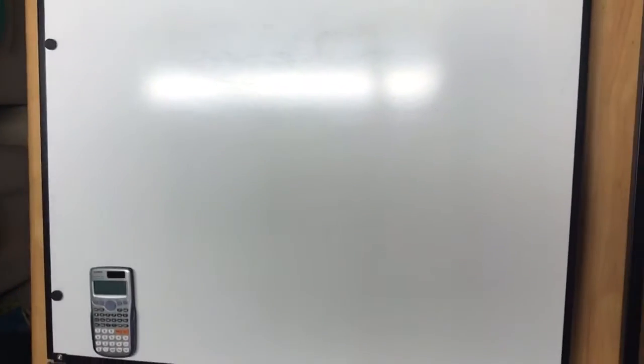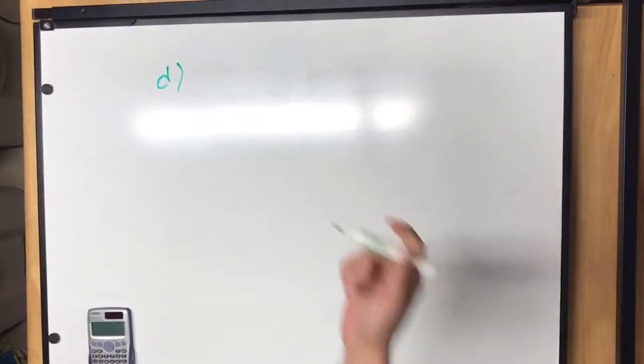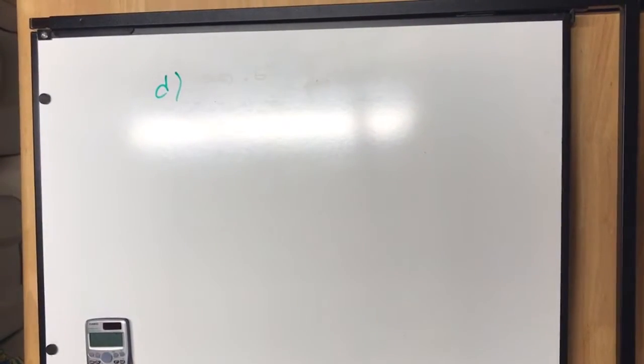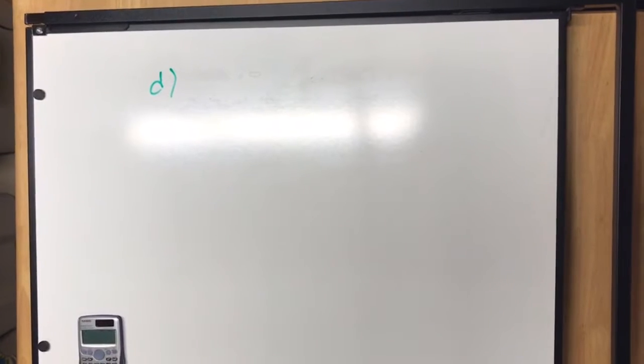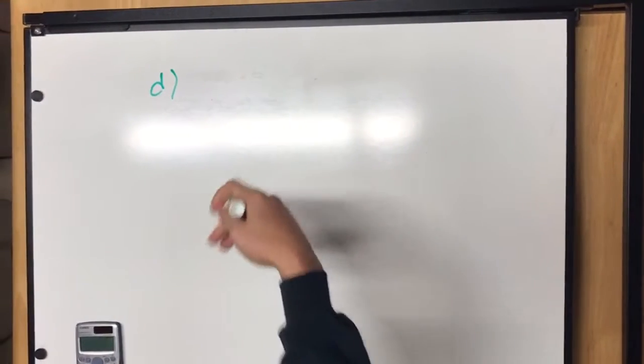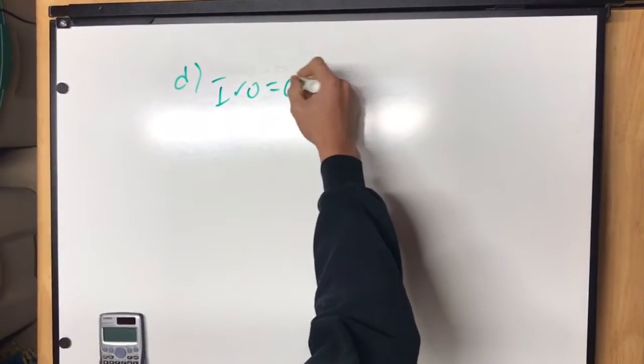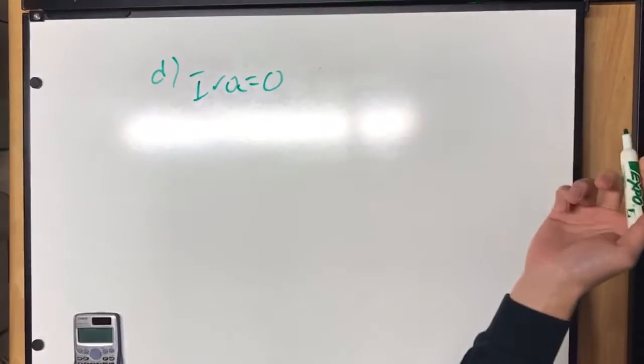So essentially here, what we'll be doing for question D, find the instantaneous rate of change when it's equal to 0, right? So, you know, IROC at 0 is at the maximum and the minimum.